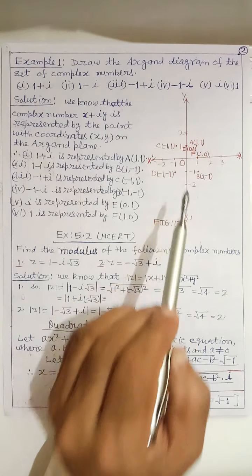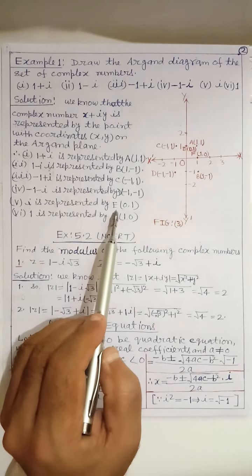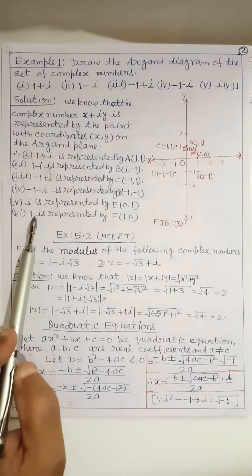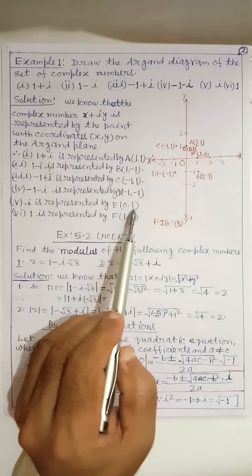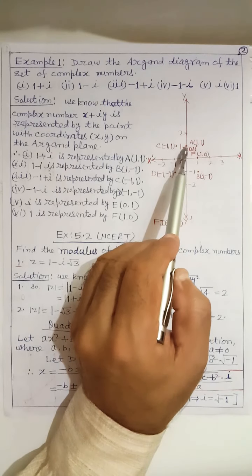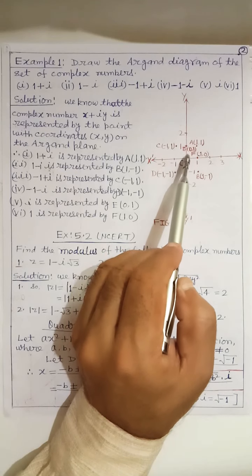Here this is D. i is represented by the point E having coordinates (0, 1), means this is of the form 0 plus ib, means this lies on the y-axis here, that is also called the imaginary axis.